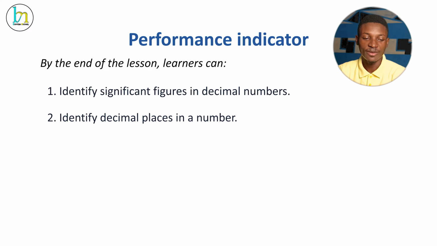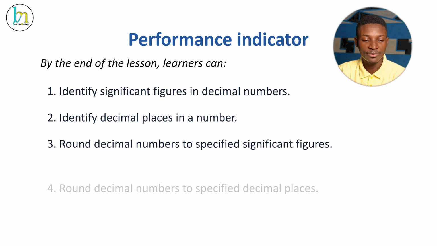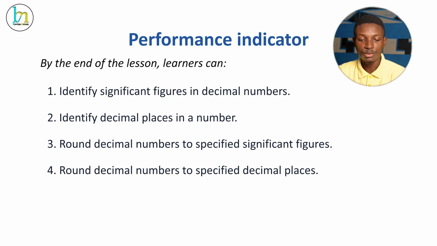Second, identify decimal places in a number. Third, round decimal numbers to specified significant figures, and fourth, round decimal numbers to specified decimal places. By the end of the lesson, you can do all these things.